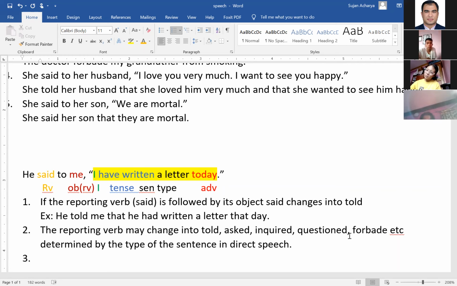Now it may change into told, or it may remain said, or it may change into asked, determined by the kind of the sentence in direct speech.